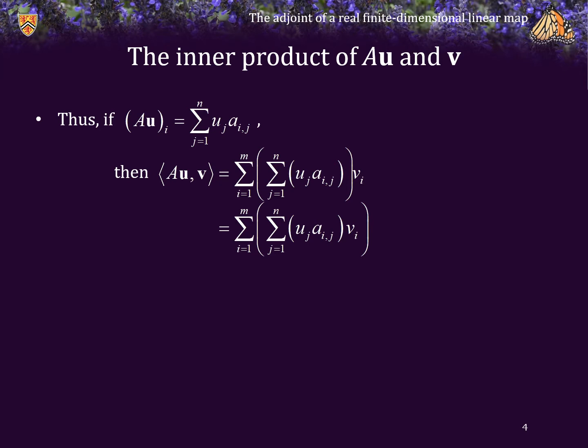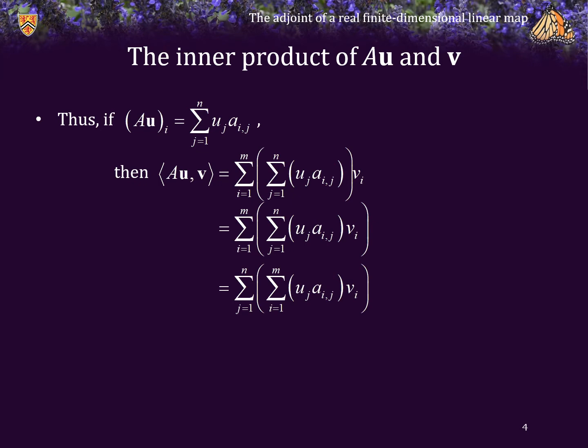All right. Now notice that I now have a sum, i going from 1 to m, of a sum, j going from 1 to n, of some things. Well, that's the same as summing from j going from 1 to n and then summing from i going from 1 to m. So the term is the same.